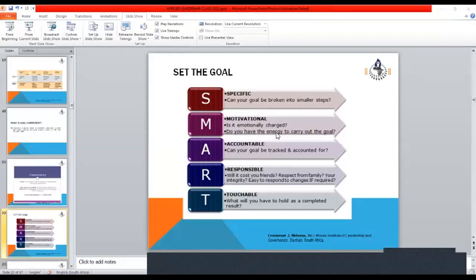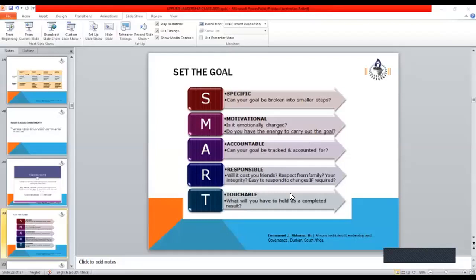Do you have the energy to carry out the goal? Whenever you set up the goal, there must be that zeal or that motivation that pushes you to do something and say, yes, we can. Motivate your people.